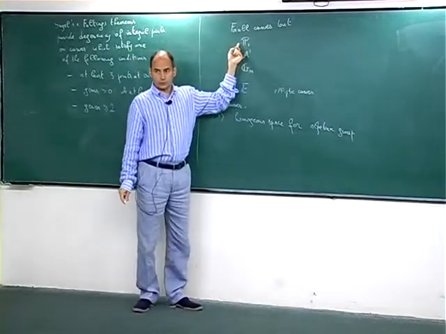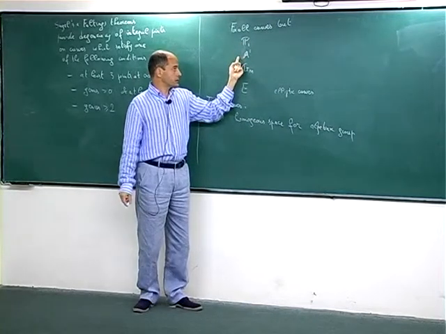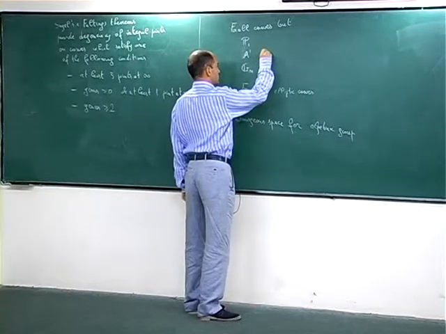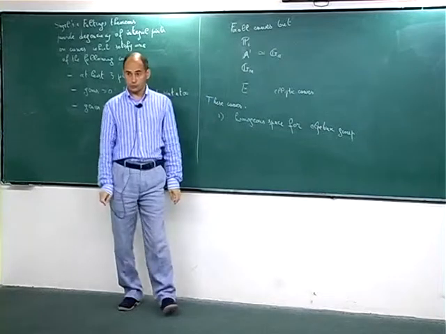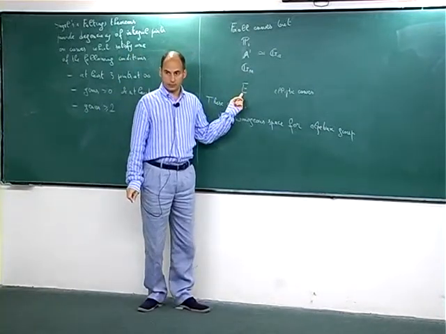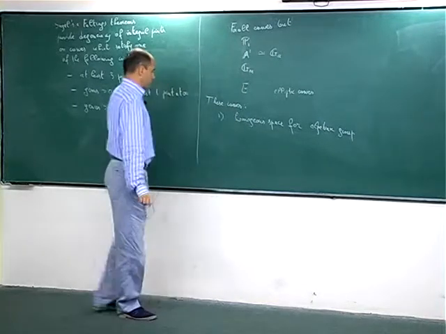P1 is a homogeneous space for the group PGL2. A1 is itself an algebraic group. It is the underlying variety to the additive group. And Gm is an algebraic group, and E, an elliptic curve, is an algebraic group.